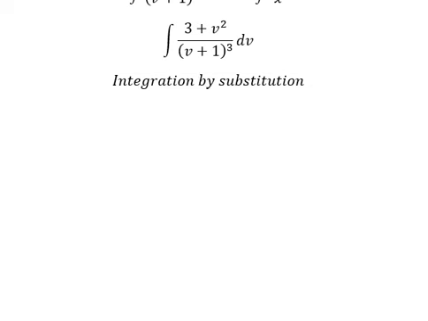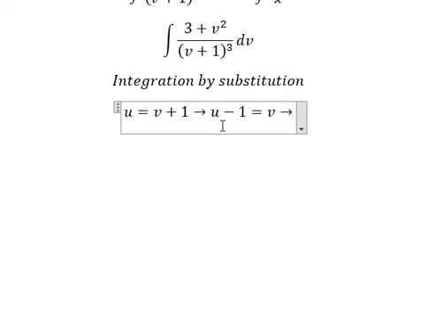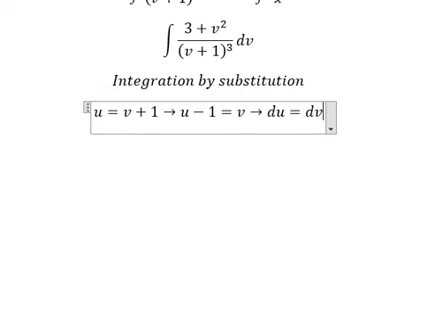So I will put u equals v plus 1, because we got about v. So I will put number 1 go to the left. Later that, we need to do first the derivative for both sides, and we got like this.